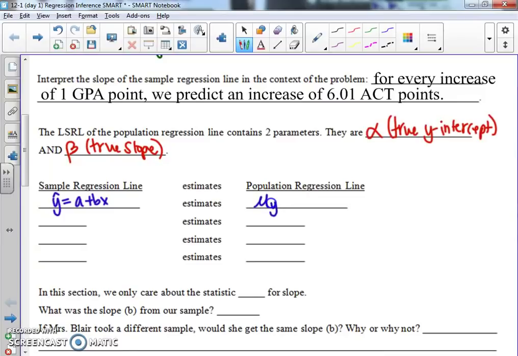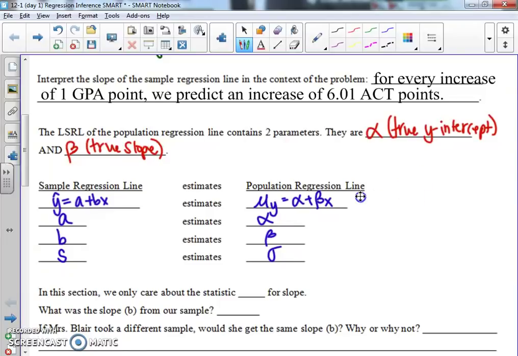We actually say it's the mean y equals alpha plus beta of x. So the true y-intercept plus the true slope. Okay? Now, on the sample regression line, remember that the A estimates the alpha. The B estimates the beta. And here's another one that we're going to have to use. The S, or what you're sometimes familiar with as S of x, estimates the true standard deviation.